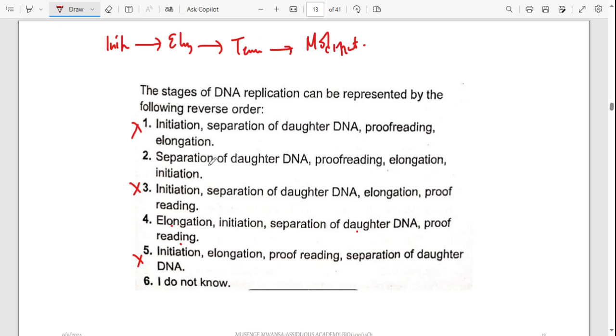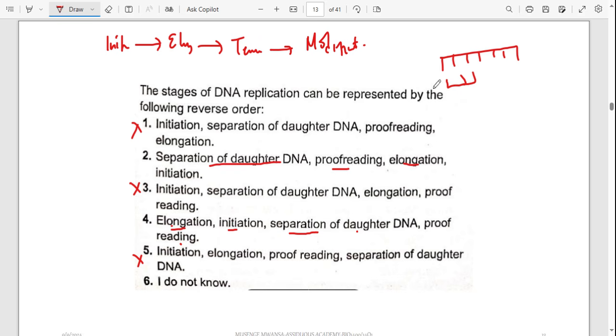So this is the old chain that you have, and this is the new chain that you are making.